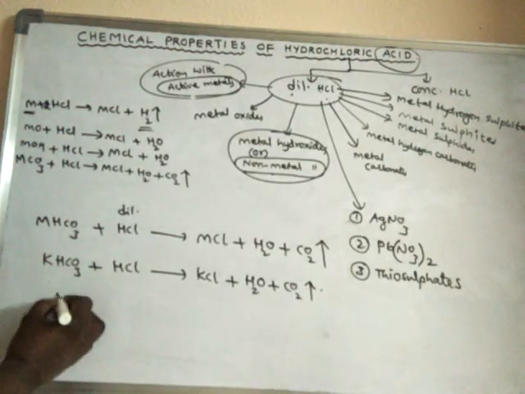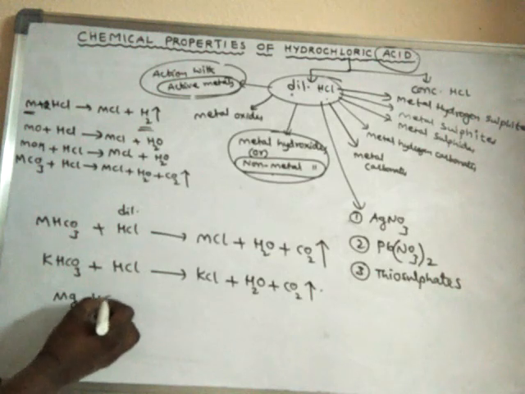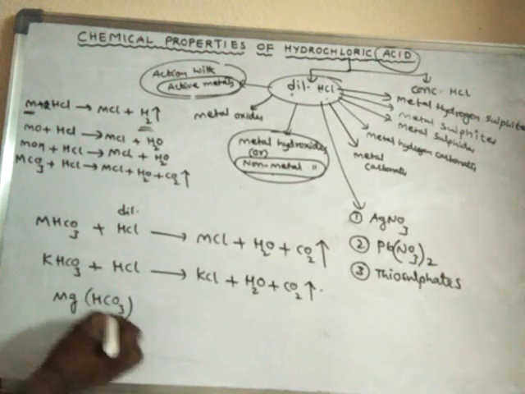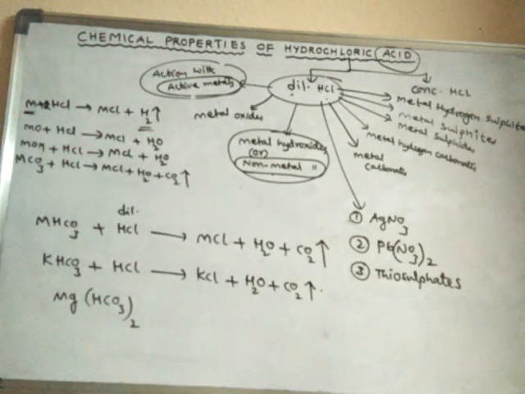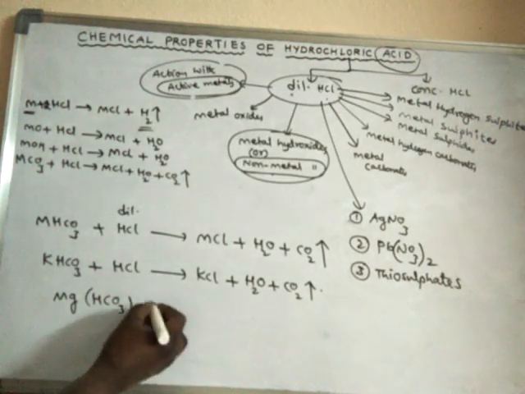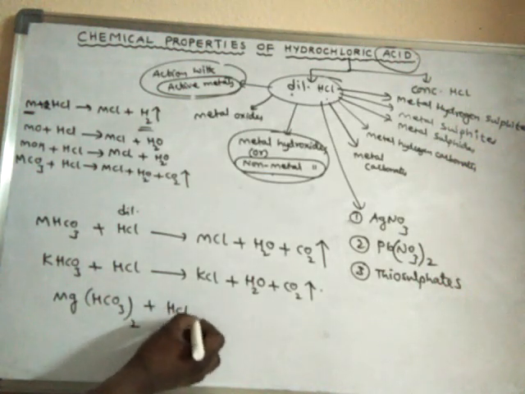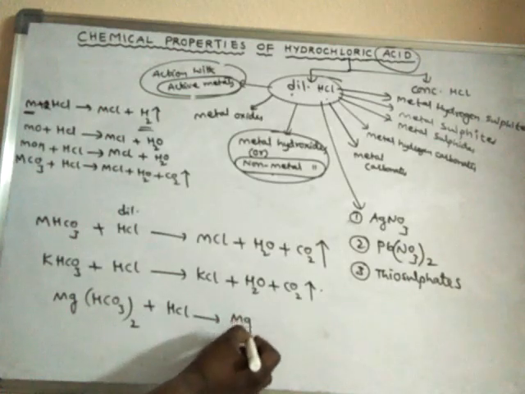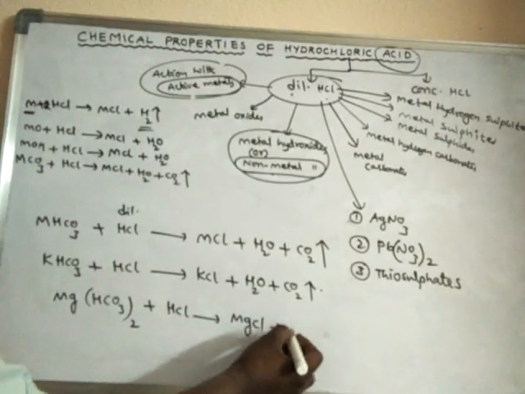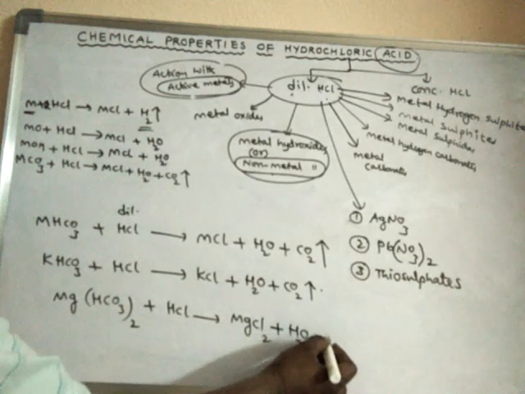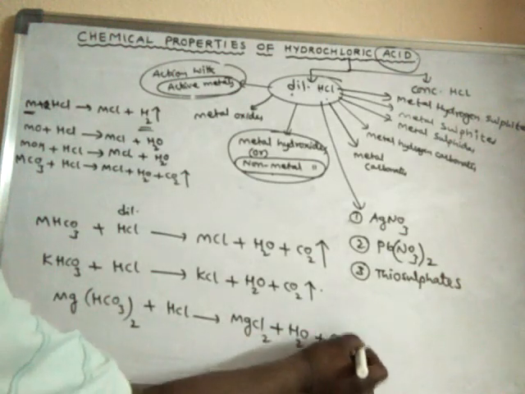Take another example, magnesium bicarbonate, magnesium hydrogen carbonate. Magnesium bicarbonate with dilute hydrochloric acid forms magnesium chloride plus water plus carbon dioxide gas.